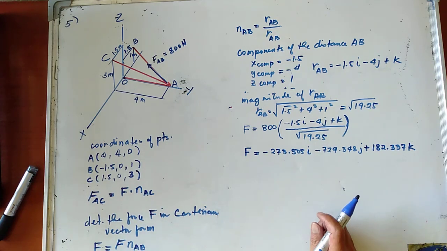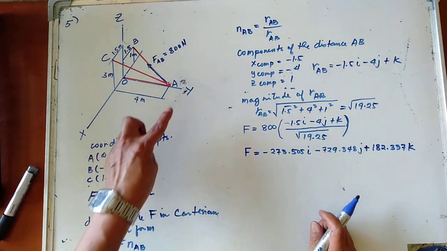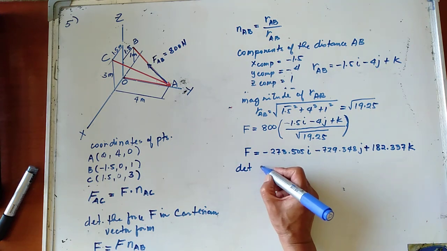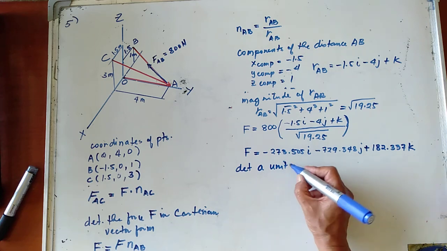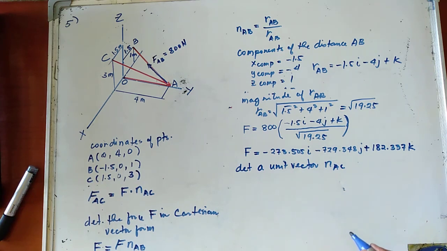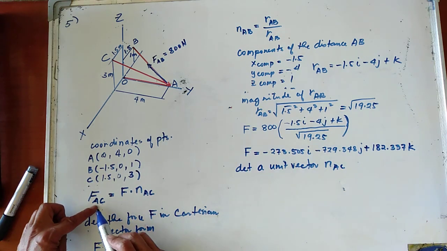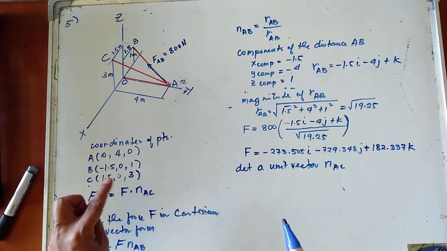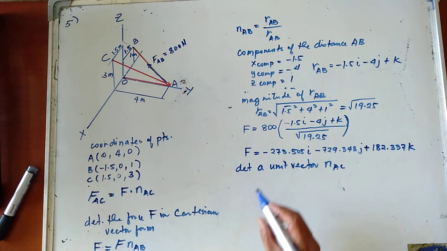Since we are required to determine the component of force along cable AC, let us determine a unit vector n_AC, so that we can determine the component of the vector F in the direction AC, which is equal to the vector itself dotted with the unit vector AC.